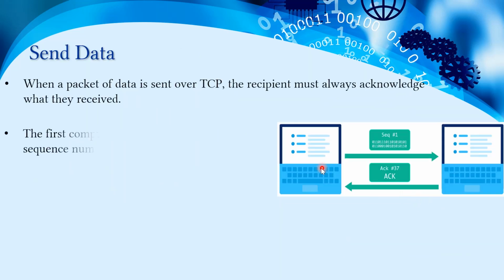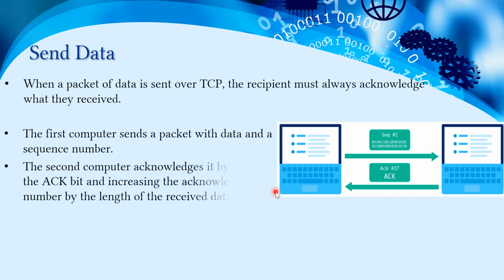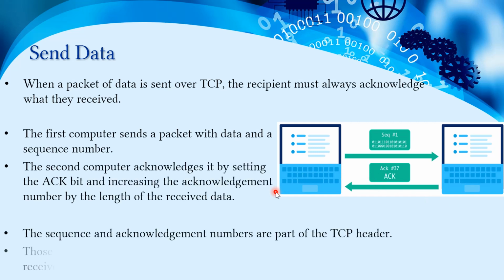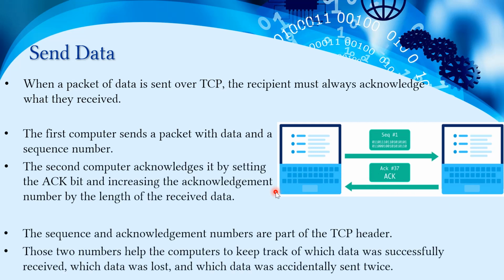When a packet of data is sent over TCP, the recipient must always acknowledge what they received. The first computer sends a packet with data and a sequence number, and the second computer acknowledges it by setting the ACK bit and increasing the acknowledgement number by the length of the received data. The sequence and acknowledgement numbers are part of the TCP header.